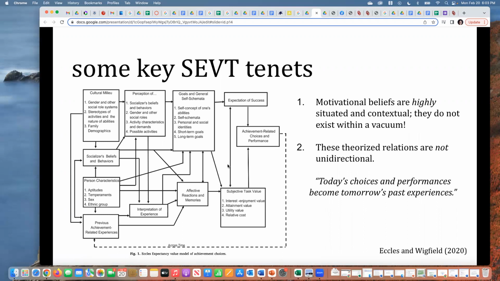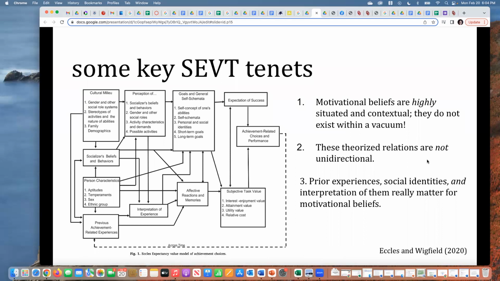So yes, despite what the visual depiction may inadvertently indicate, these theorized relations are not unidirectional. For example, these achievement-related choices and performance then, as Doctors Eccles and Wigfield mentioned, become tomorrow's previous experiences.